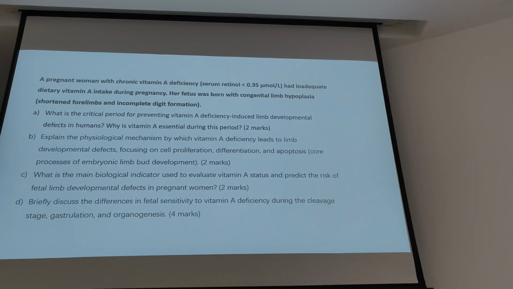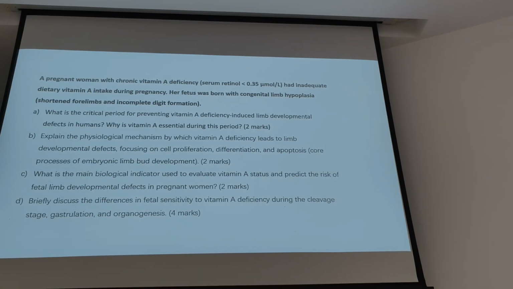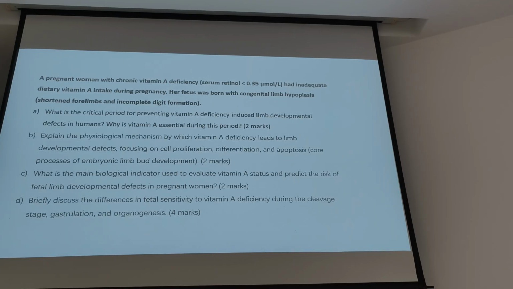First, a pregnant woman with chronic vitamin A deficiency had inadequate dietary vitamin A intake during pregnancy. The fetus was born with congenital hypoplasia, which means there are shortened forelimbs and incomplete digit formation. It has no fingers.